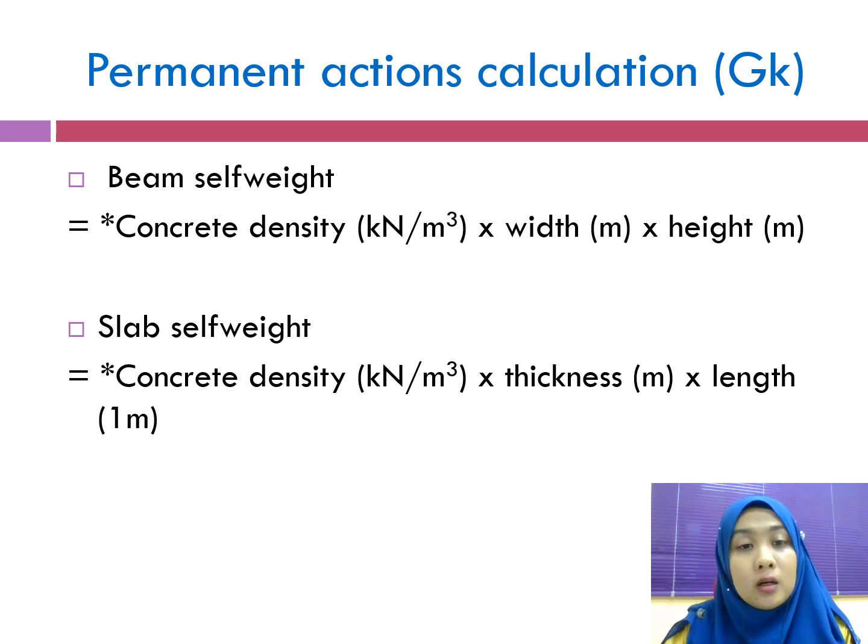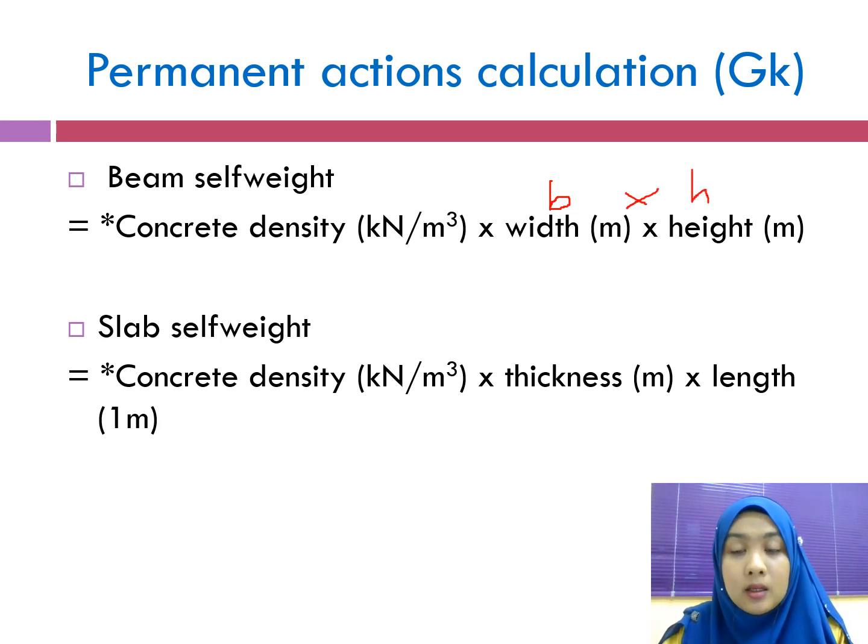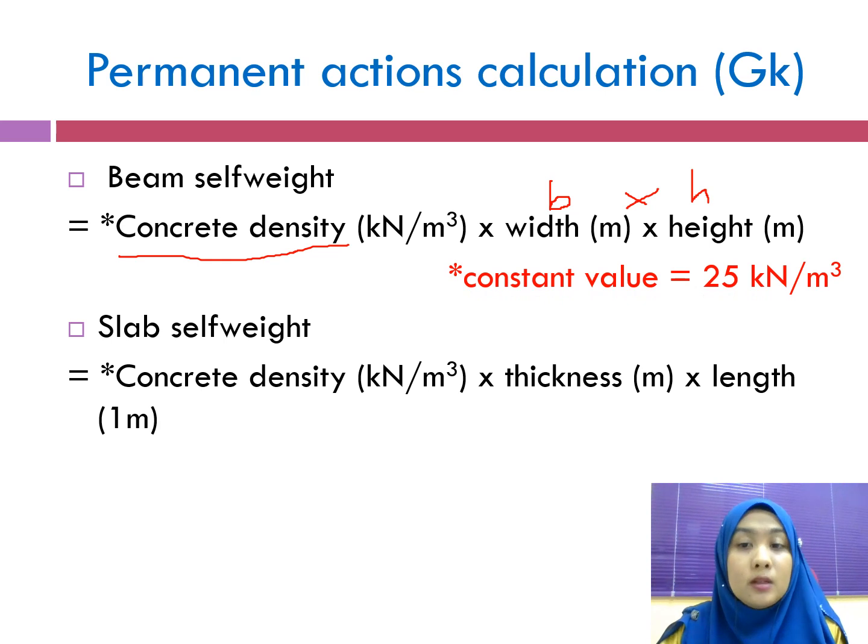To calculate beam self-weight, the concrete density you need to multiply with the width of the beam and the height of the beam, depending on the size. So the width b of the beam times the height of the beam gives the cross-sectional area. Okay, the concrete density is a constant value, which is 25 kilonewton per meter cube.